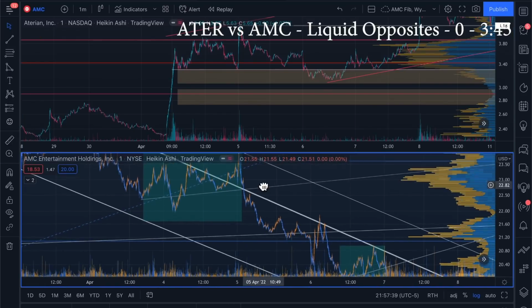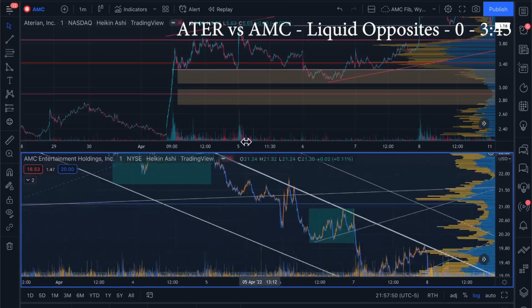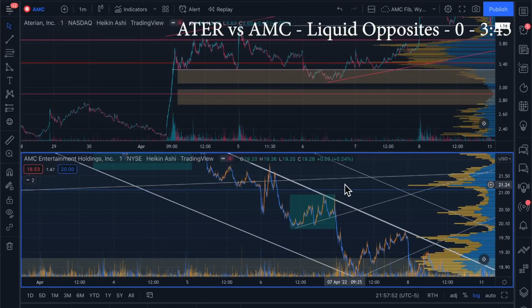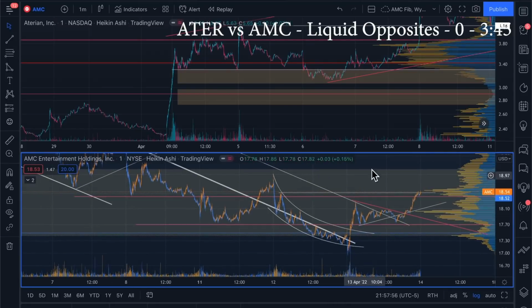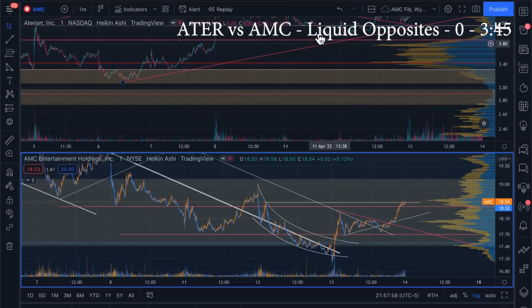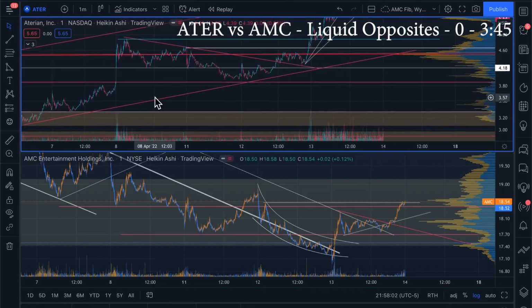Even in the aftermath of that, ATER kind of bounced going up, and AMC had this sort of inverse bounce. Ever since then, I've been paying more attention to it because it seemed really odd to me. When we came into this final range here, it was very apparent that they were not allowing AMC to run. Whatever algorithm does what it wants to do doesn't seem to want to allow them to run at the same time.